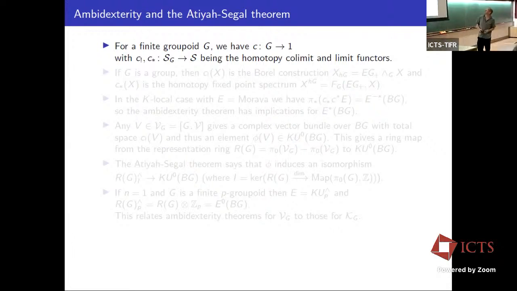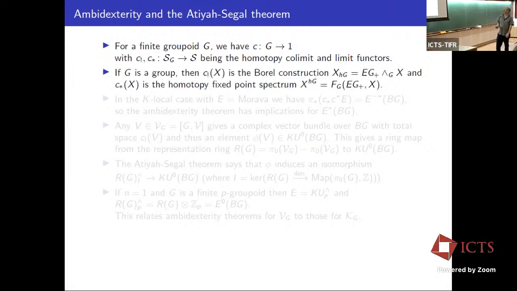I'll spell that out a bit more later, but the Kahn formula allows you to calculate all of these left and right adjoints just in terms of homotopy colimits and limits over groupoids. So this is the base case that we need to do for everything. So let's consider the case where G is a group.